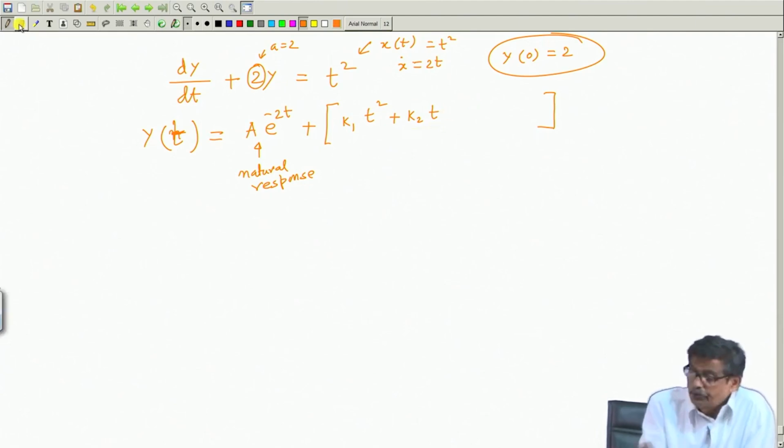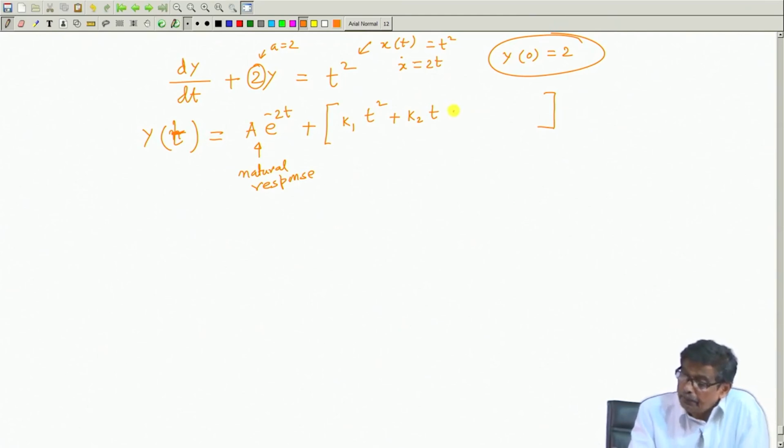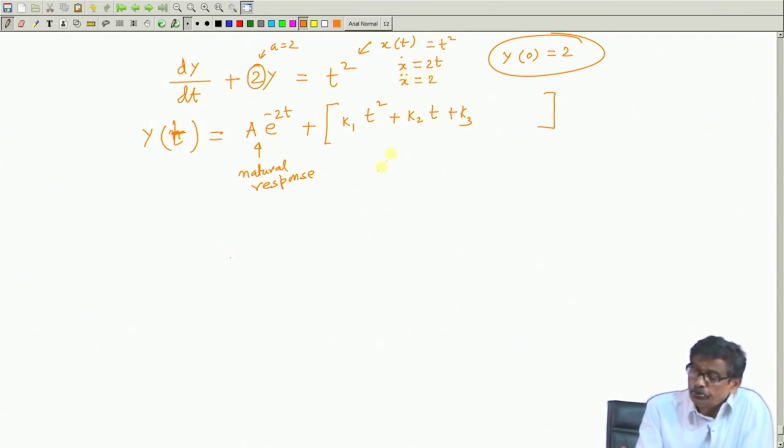Plus, because I have to go up to infinity, plus k3 into x double dot, which is equal to 2, d2x/dt2. So, k3 bar into 2 is k3, plus k4 into x triple dot.